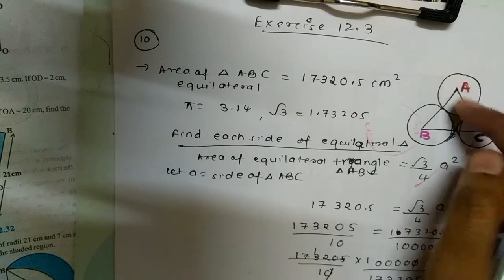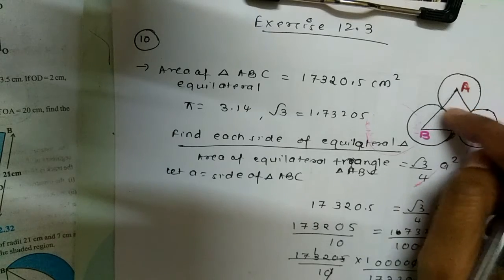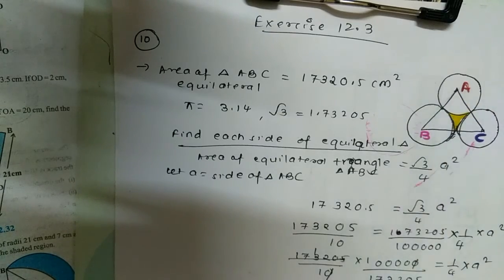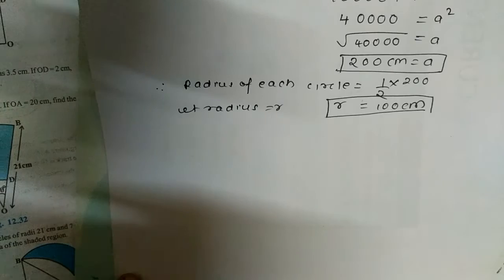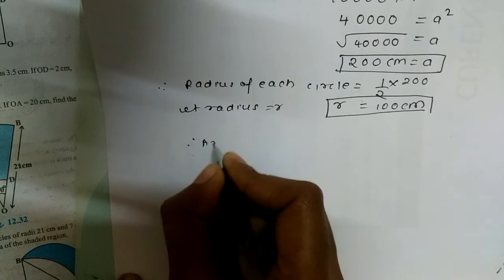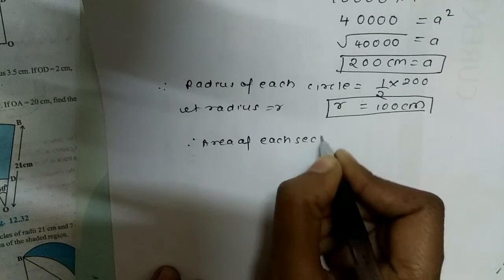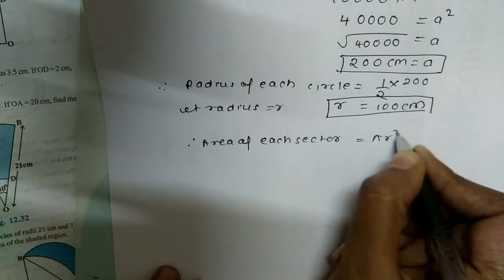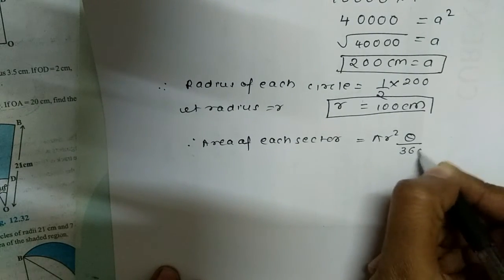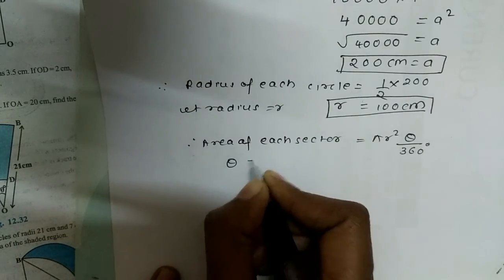Once you got the radius, you can find the area of each sector, and the area of each sector is the same here. So let us find the area. Therefore, area of each sector equals pi r square theta upon 360 degree. Here theta is 60 degree. Why?